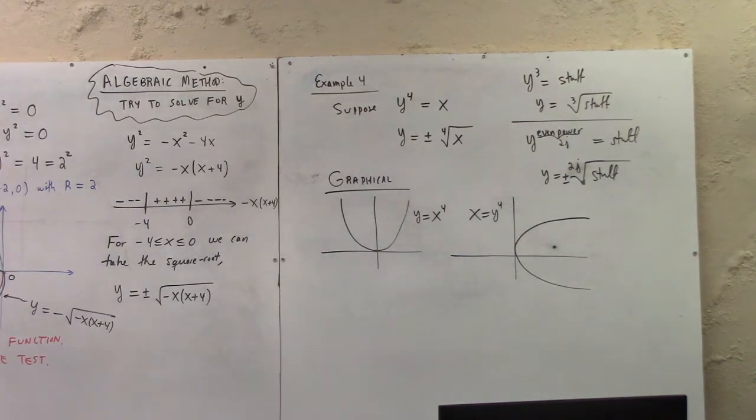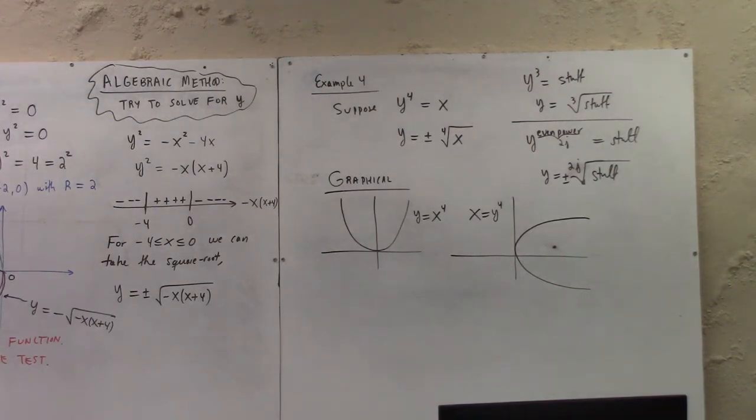So here we have case 1, y equals x cubed. Case 2, y equals x squared. Case 3, y equals 1 over x. And case 4, y equals the absolute value of x. All right. And then here we go.